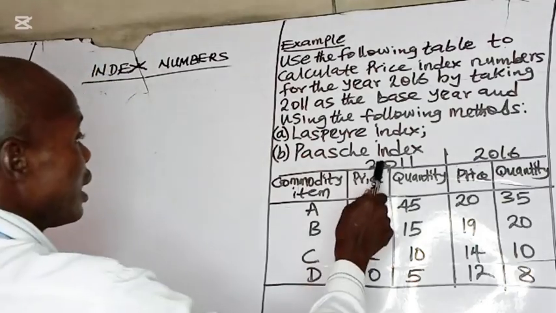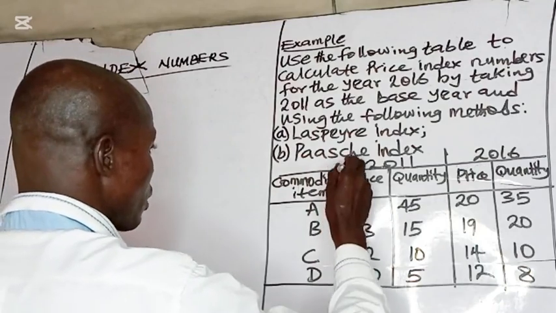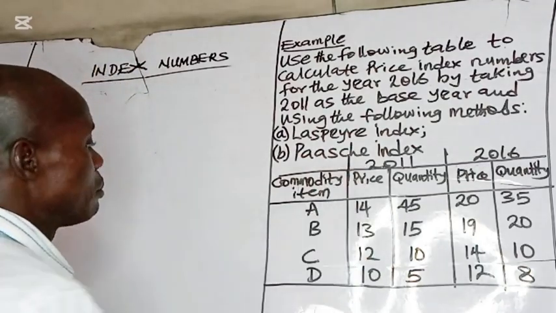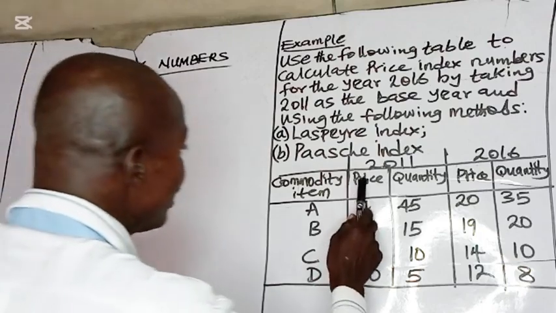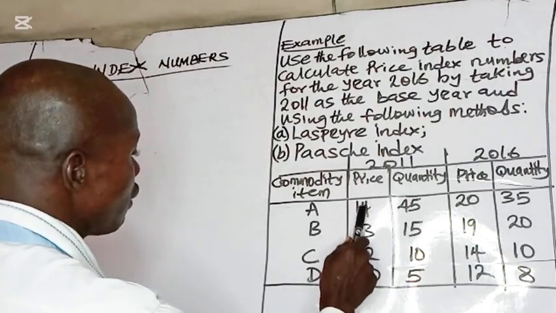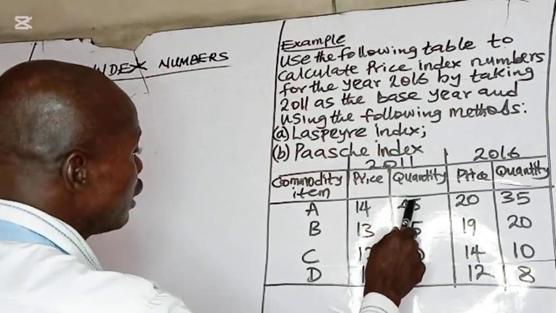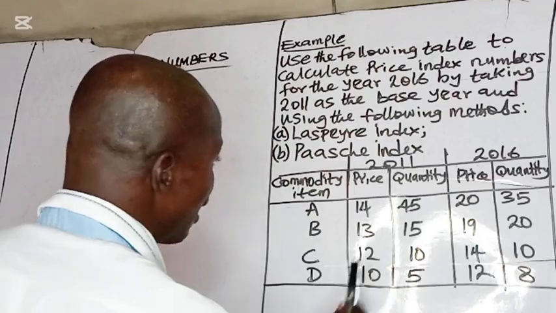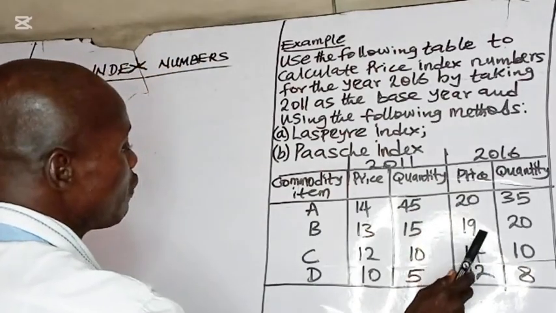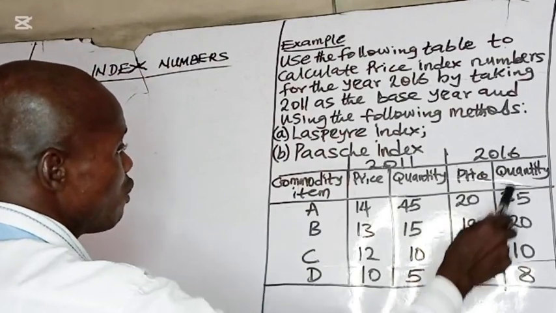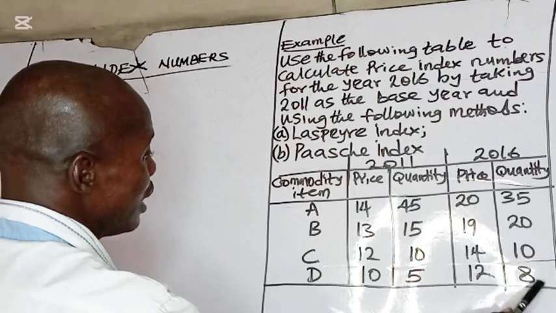You are given year 2011 and year 2016. You have commodity items A, B, C, and D. The price for 2011 is 14, 13, 12, 10. Quantity for 2011 is 45, 15, 10, and 5. Then for 2016, price is 20, 19, 14, and 12, while the quantity for 2016 is 35, 20, 10, and 11.